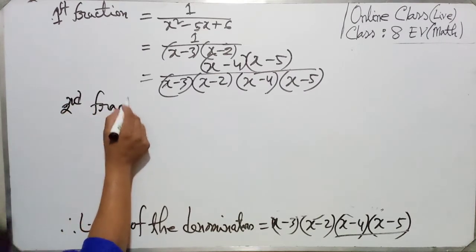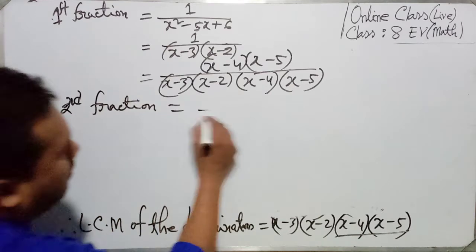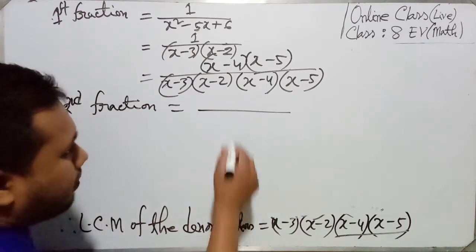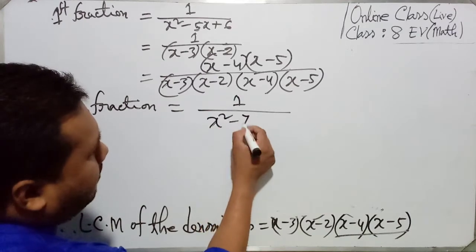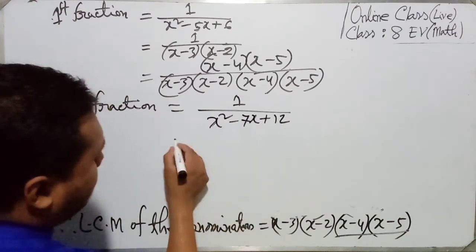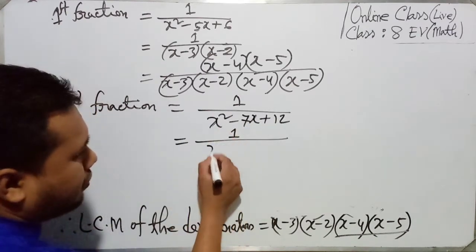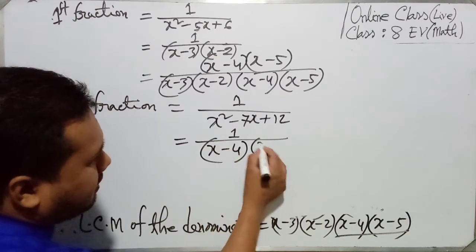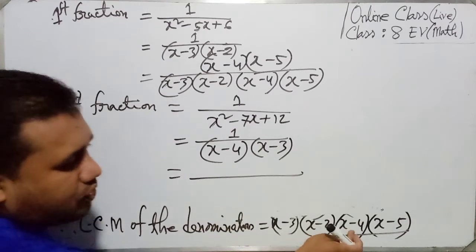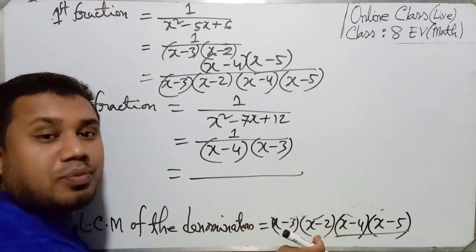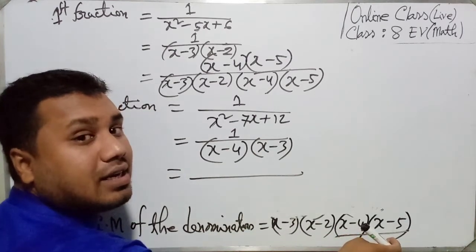Now the second fraction. Our second fraction was 1 by x square minus 7x plus 12. After factorization, it was x minus 4, x minus 3. Now which one is lacking? We have x minus 4, x minus 3, so we have to multiply x minus 2 and x minus 5.